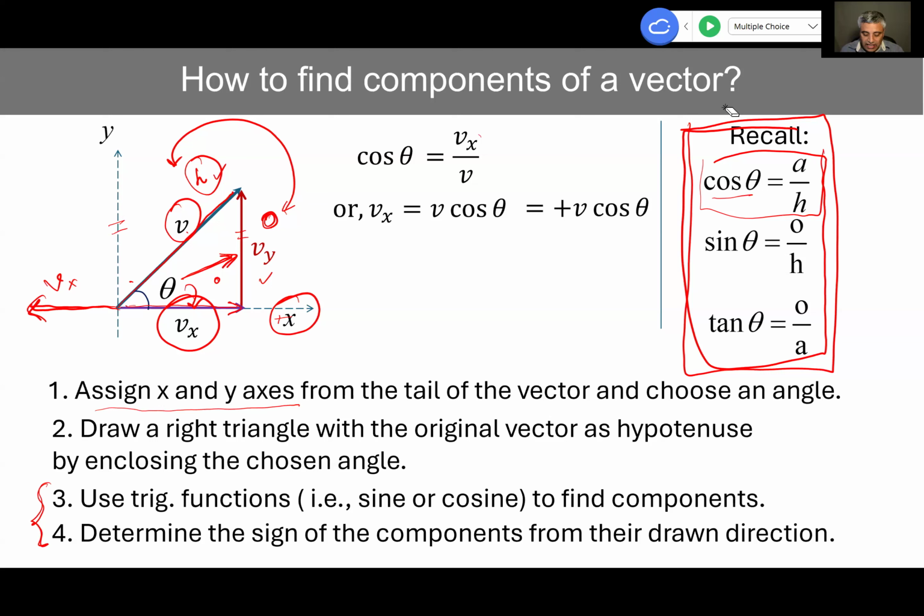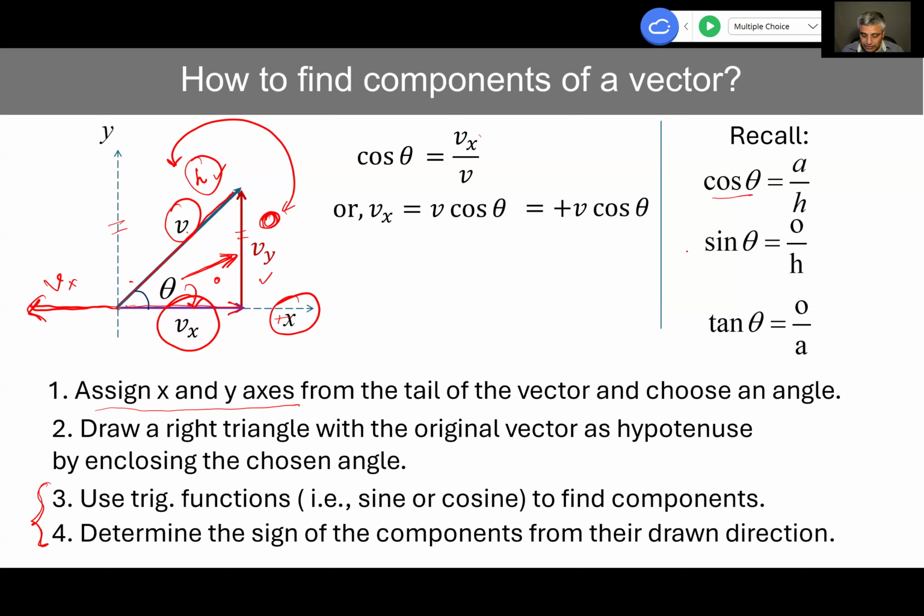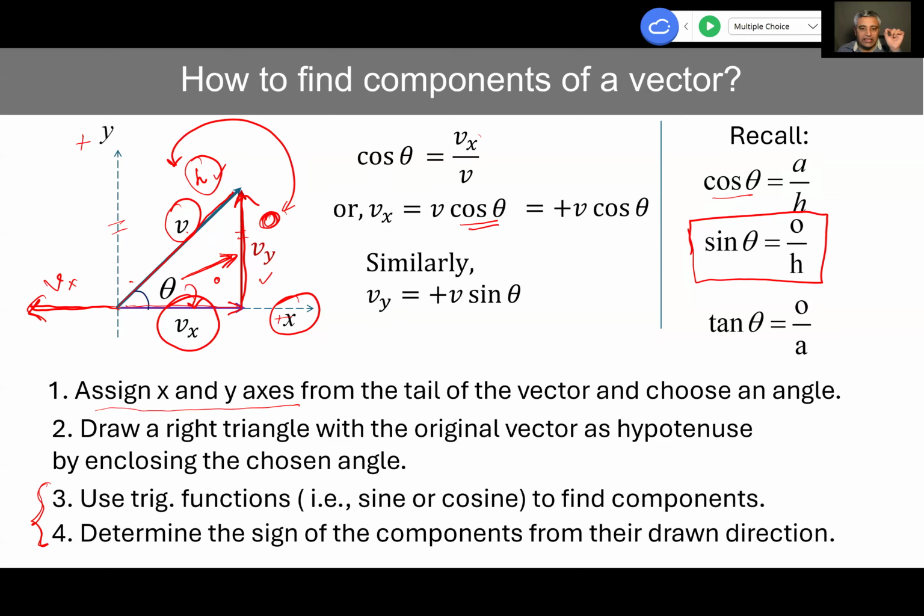So now this being opposite, opposite and hypotenuse are related by, if I look at this list here, sine. So just like it picked up cosine here, it's going to pick up sine. And it's pointing up, just like positive y, so it's going to have sine positive as well. So once you identify one is cosine, the other must be sine.